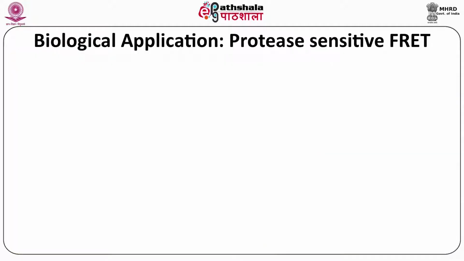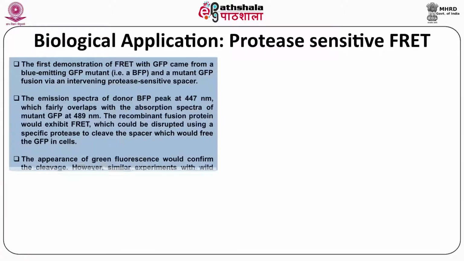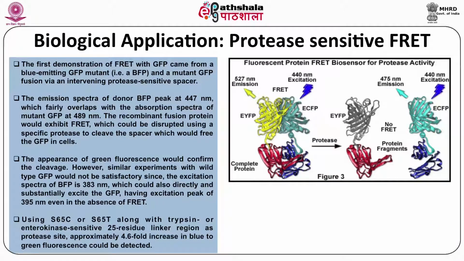Here we talk about the biological application in the special context of protease sensitive FRET. You can see here that the first demonstration of FRET with green fluorescent protein came from a blue emitting green fluorescent mutant and a mutant GFP fused via an intervening protease sensitive spacer.